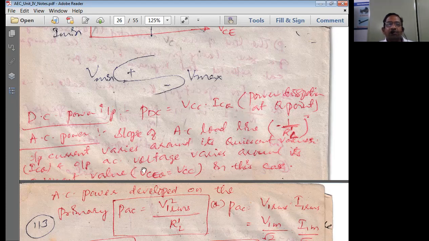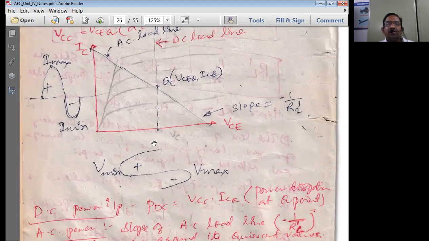So output voltage also is going to vary around its quiescent value, that is called VCEQ. So the quiescent value here is VCEQ, and the quiescent current is ICQ. Right. So this is ICQ, it is coming on the IC axis. On the VCE axis, you are normally going to have a point called the quiescent point, VCEQ.